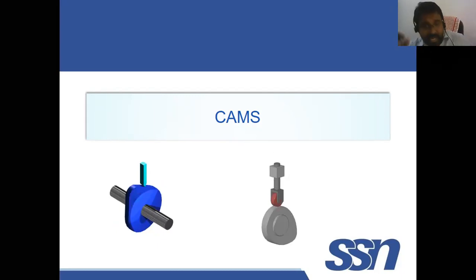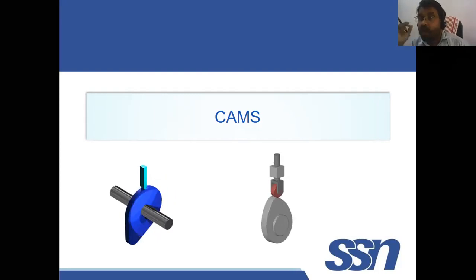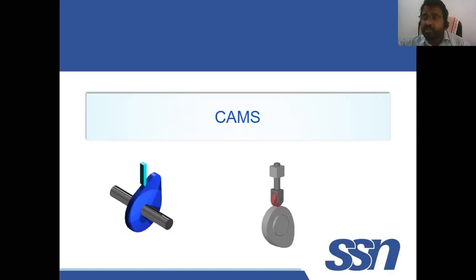So what we are going to see in this chapter is that we are going to design the cam to achieve the follower mechanism with the steady output that we desire. That is, this is the velocity flow diagram or the acceleration flow diagram that we need to achieve, for example.